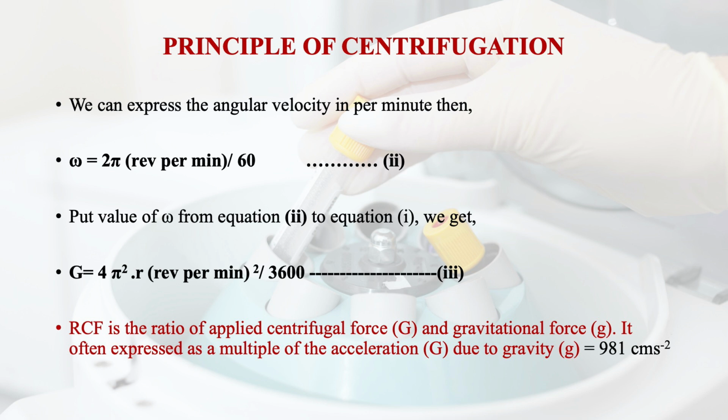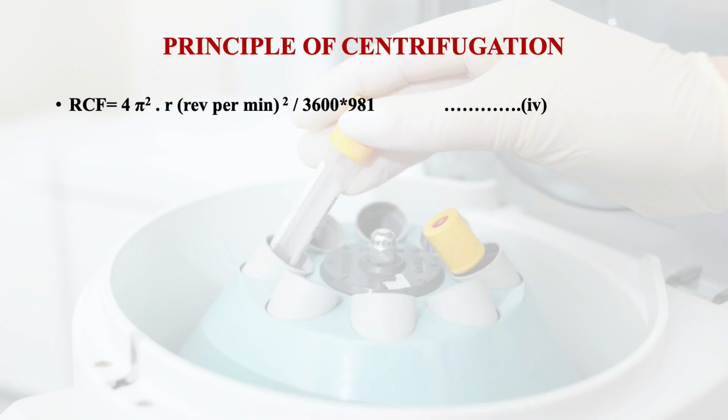The gravitational force value is equal to 981 centimeter per second square, and so RCF is equal to capital G upon small g. Putting the value of capital G from equation 3, we get RCF equals 4 pi square r times revolutions per minute whole square upon 3600 multiplied by 981.